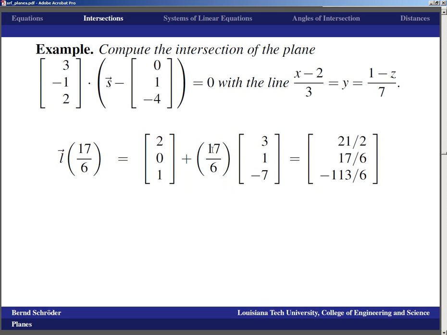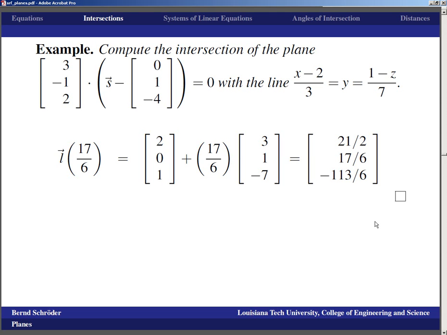Okay, so 17 times 7. 70 plus 49 is 119. So negative 119 plus 6 is a negative 113 divided by 6. Yeah, that works out too. And, well, that is the answer. That is the intersection point.